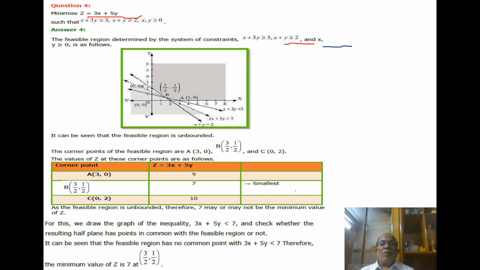There is nothing common between this region and the feasible region except point B. You just see this dotted line. There is nothing common except point B in this shaded region of 3x plus 5y less than 7, and therefore we can say that B gives the smallest value. That means at point B, 3 by 2, 1 by 2, Z will have the smallest value, and the value will be 7.